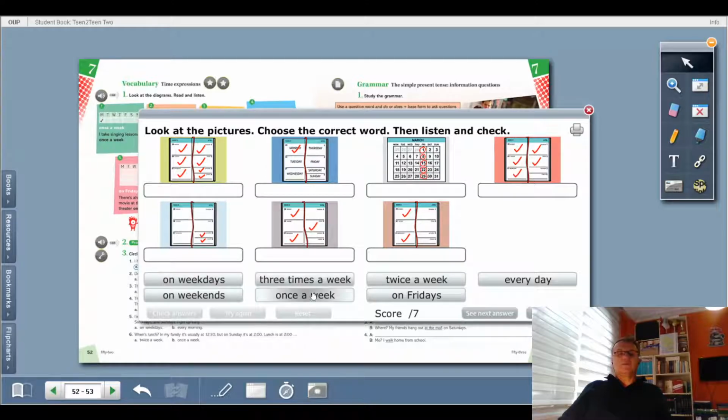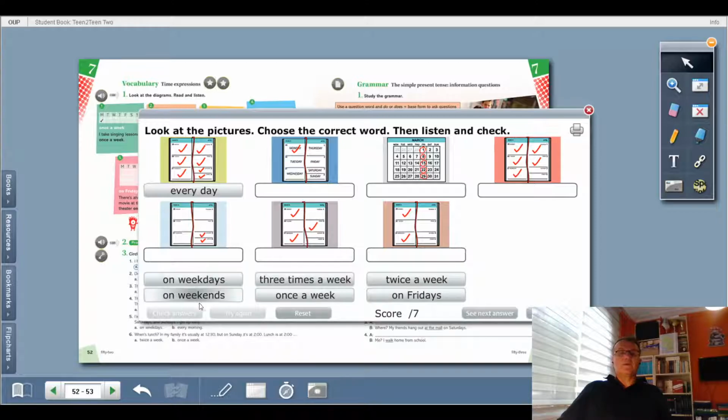Try to guess. Look at these sentences, these options. All the days are here, so we use every day. Look at here, just one tick, so which one?